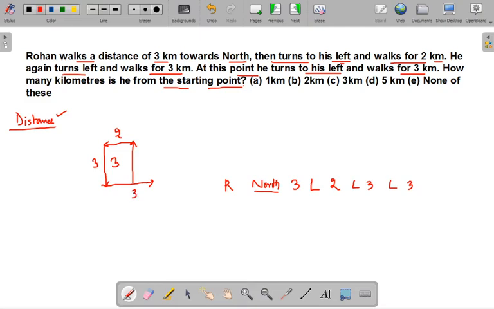So this is where Rohan is now, and this is the starting point. This total is 3, out of which this is 2, so it means he is 1 kilometer away.